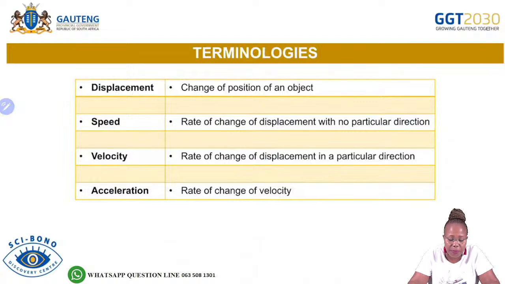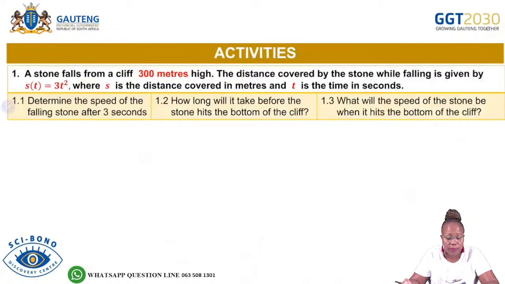And then when we talk about speed, we talk about the rate of change of displacement with no particular direction. That means a car is speeding, but it doesn't matter in which direction it speeds. And then the velocity is a rate of change of displacement in a particular direction. Okay, and then the acceleration is the rate of change of the velocity.